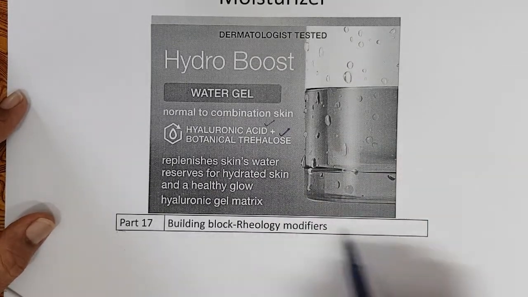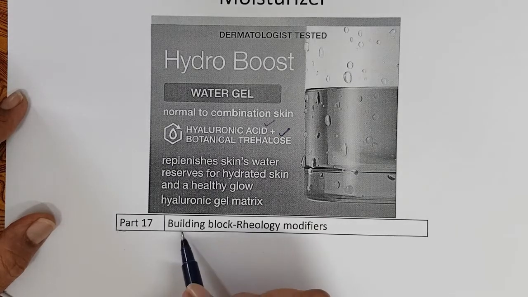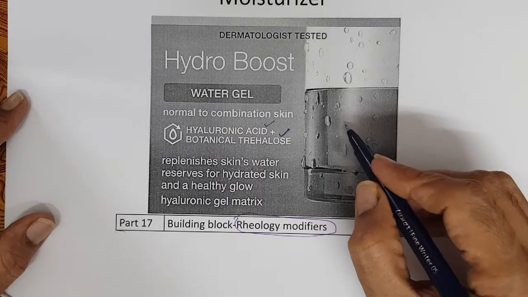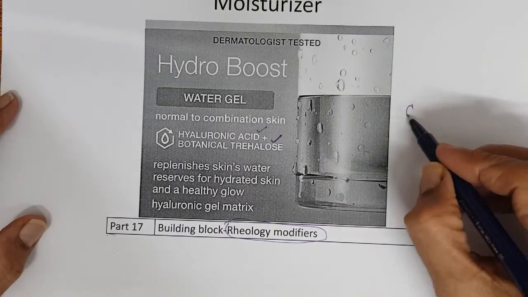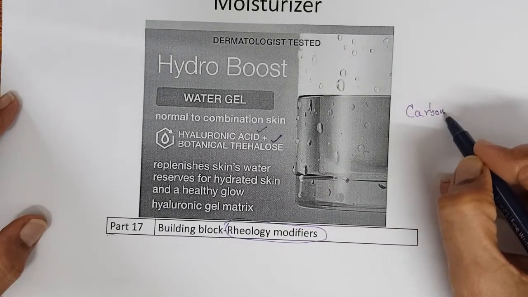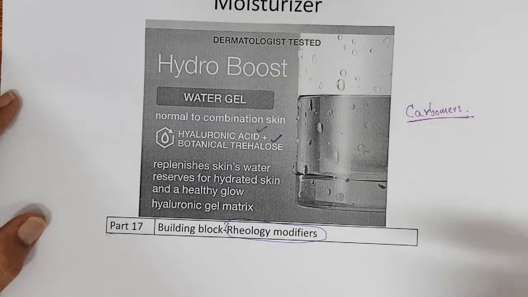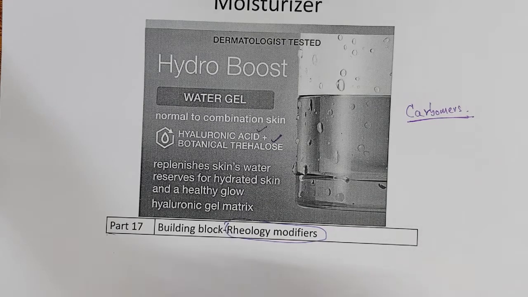So if you go to part 17, the building block rheology modifiers, right? Carbomers can be used to form the gel. So we can select the particular carbomer.